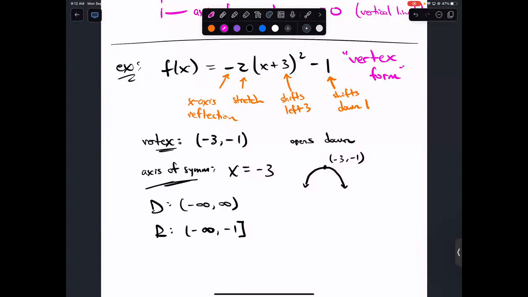It's called the vertex form because I can look at it and I can read off where the vertex is, right? I know my transformation stuff. I can see, okay, well, I went from 0, 0 to the left 3, that's -3, down 1, that's -1. So -3, -1 is the vertex. It's just sitting right there, right?